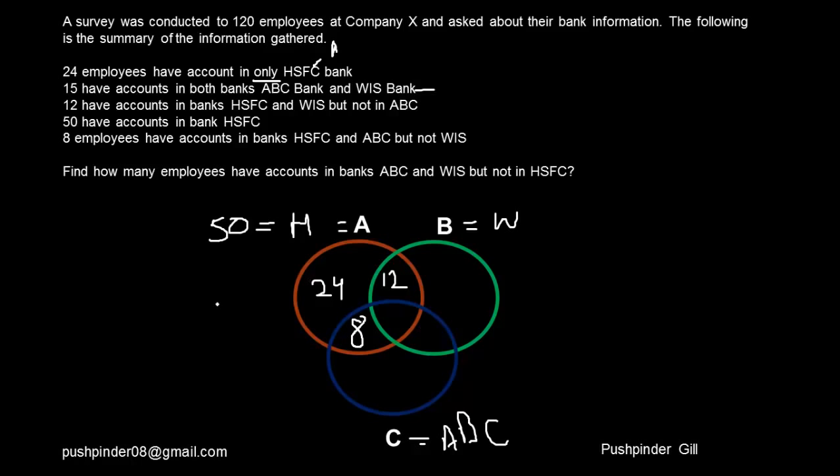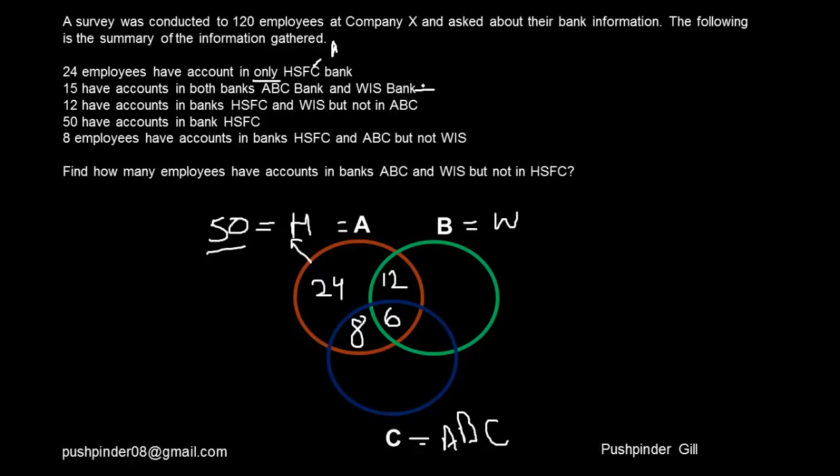Now in this whole area, it's 50, this is 24, this is 12, and this is 8. If you sum all of this, 24 plus 8 is 32, and 32 plus 12 is 44. But this whole area is equal to 50. So this area must be 6, so that this whole area comes to 50.